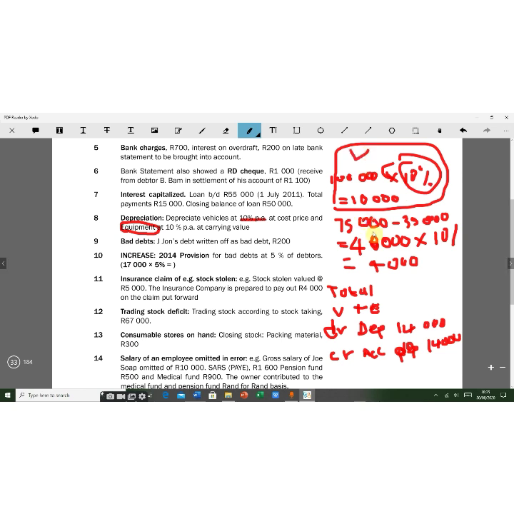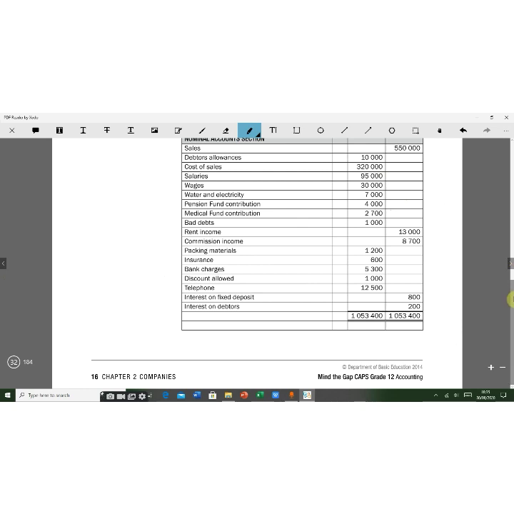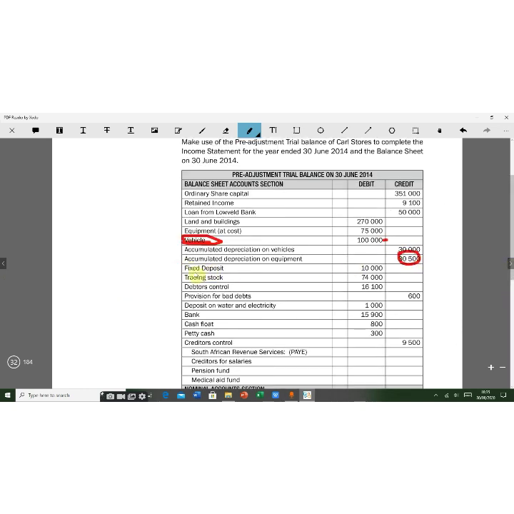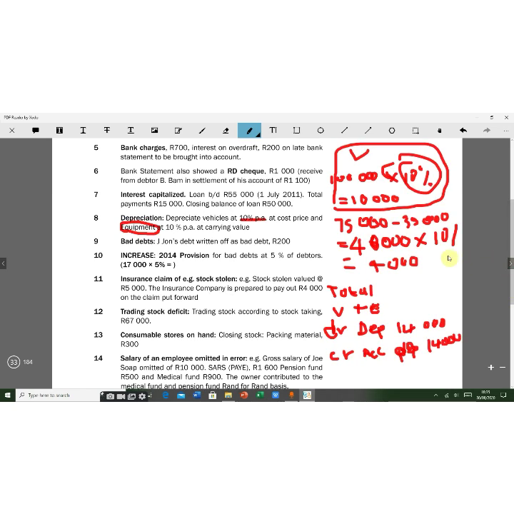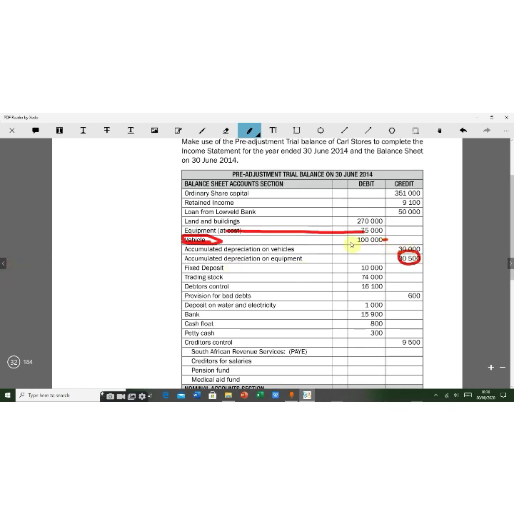This is for vehicles. Then for equipment, you go and look at your cost. The cost of your equipment was, where's your equipment? This is the equipment. So the cost was 75,000. 75,000, then you less what? Your accumulated depreciation. We haven't been given the residual value, so you don't less the residual value. So equipment cost, then the accumulated depreciation on equipment was 35,000.